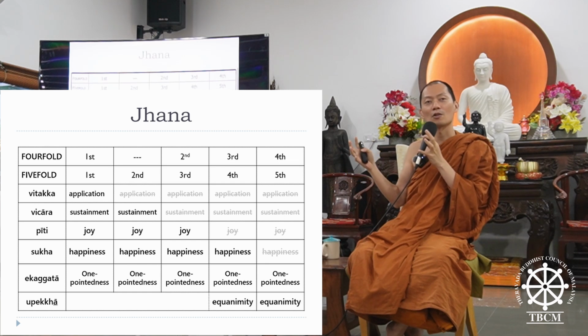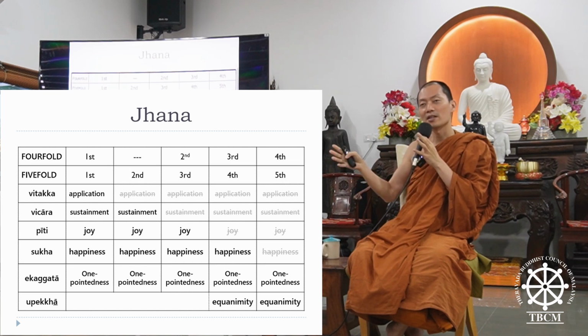You won't know because it's all clumped together. It's one emotion. So the way to differentiate these different factors is to go from level to level. The difference in the emotions is the difference in the factors.